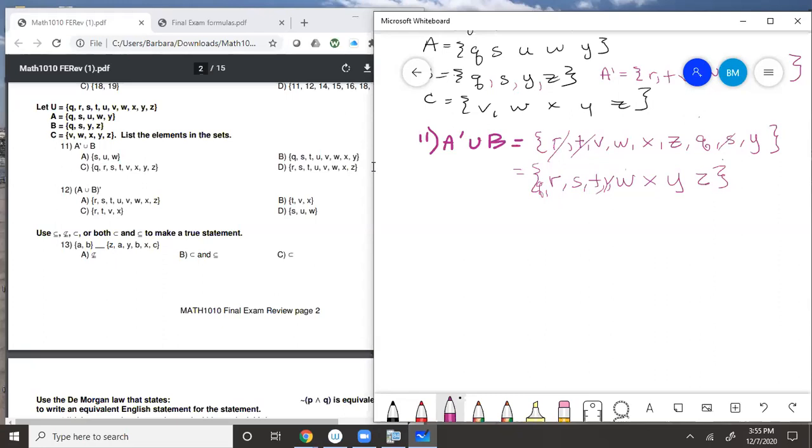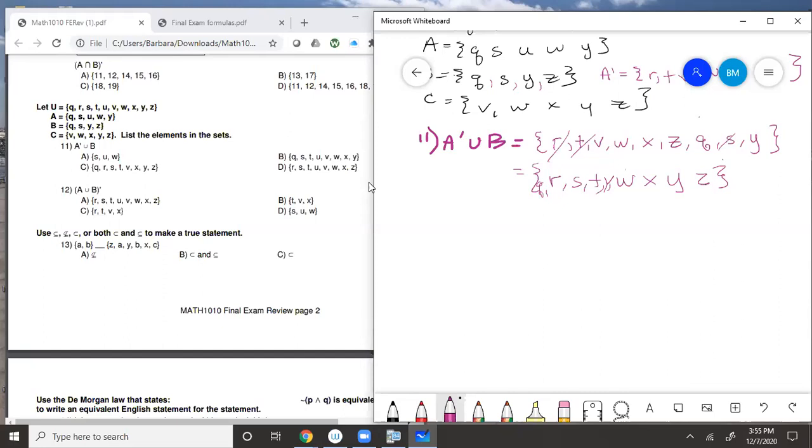Or is it B? B has a U in it. And this has a W. There is no W in both of them.